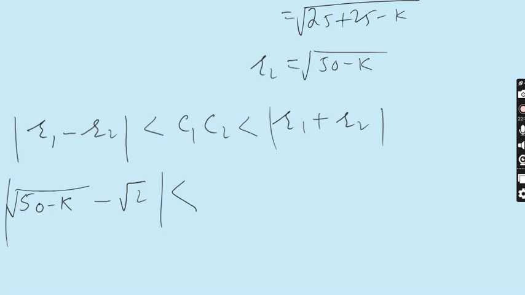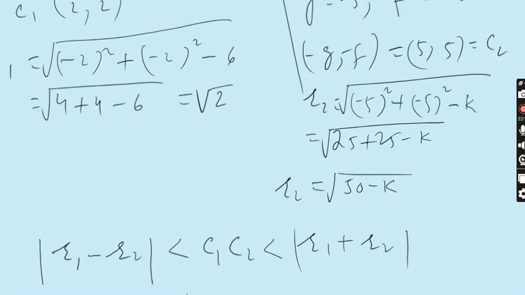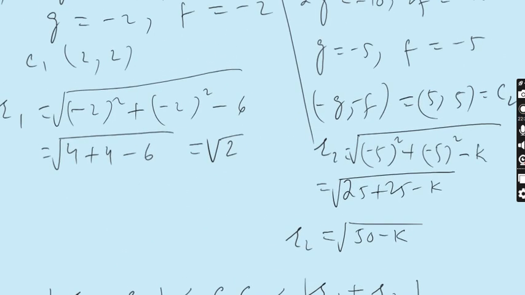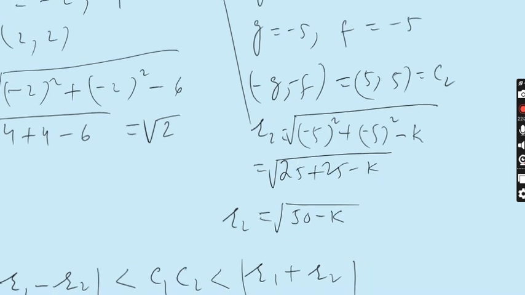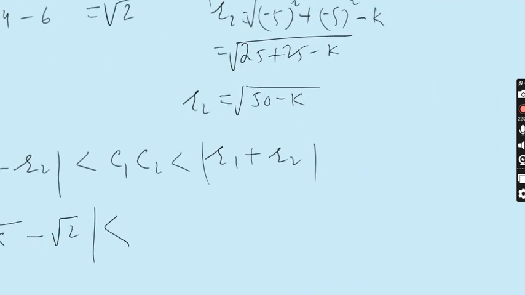C1C2 is very easy. What is C1? C1 is (2, 2) and C2 is (5, 5). So I am finding C1C2 as root of (5 minus 2) square plus (5 minus 2) square.